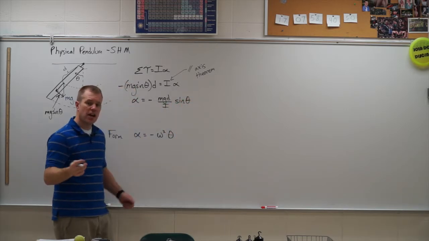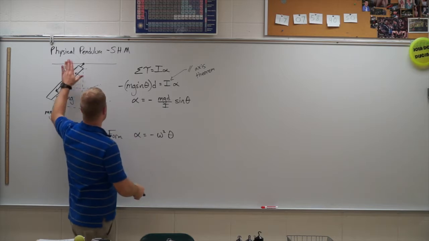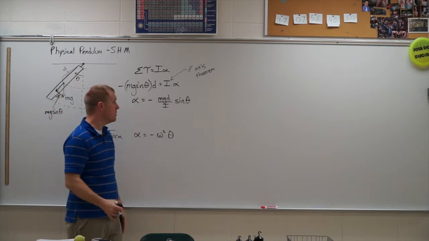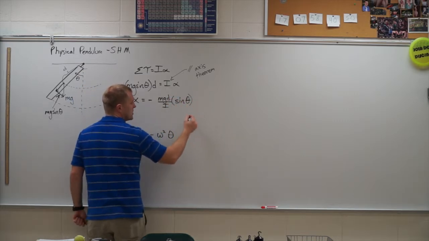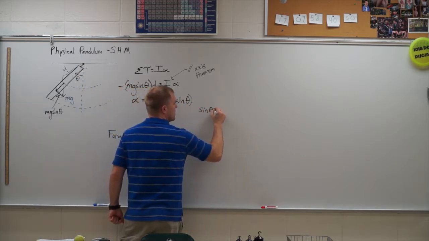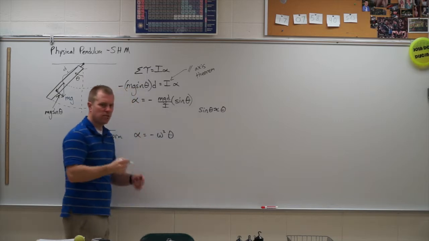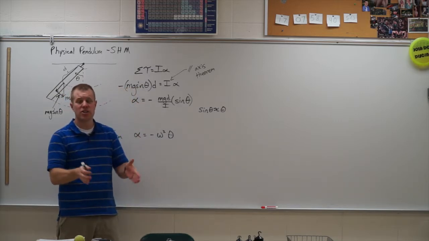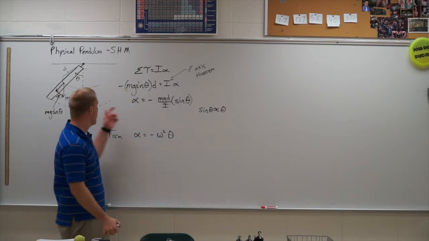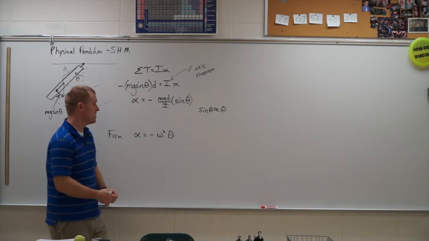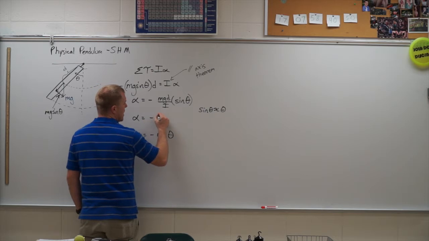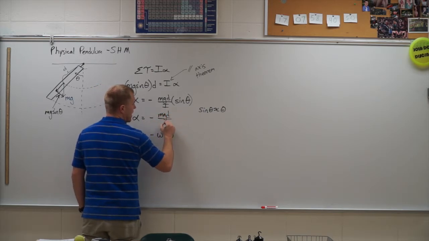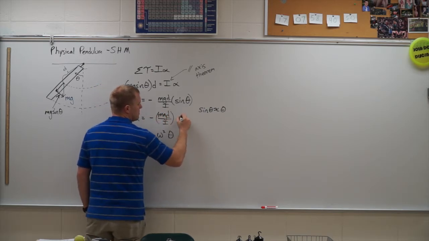And just like we saw in the regular simple pendulum, we're going to make that small angle approximation. So instead of sine of theta, we're going to say that the sine of theta is approximately equal to theta. What this does for us is it does limit our range down to something with an amplitude of, say, 20 degrees or less. Okay? In doing so, I now have alpha is equal to negative mgd divided by I times theta.